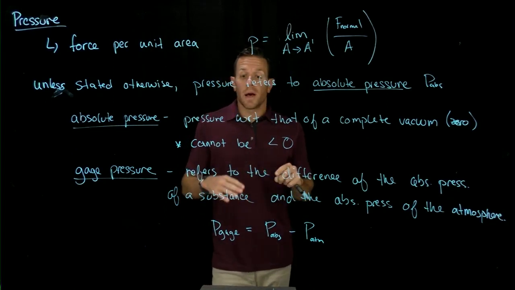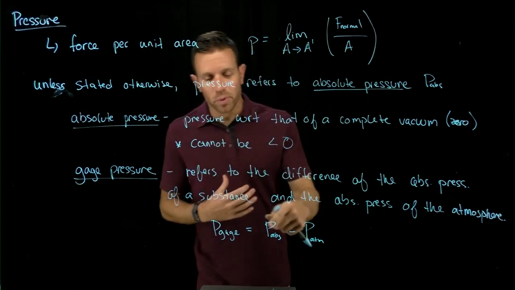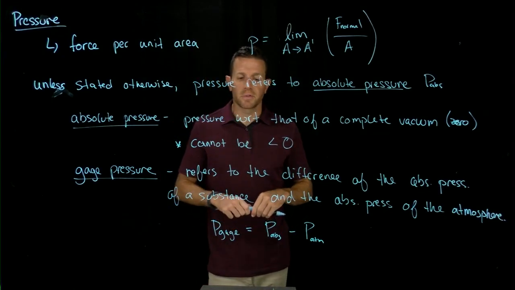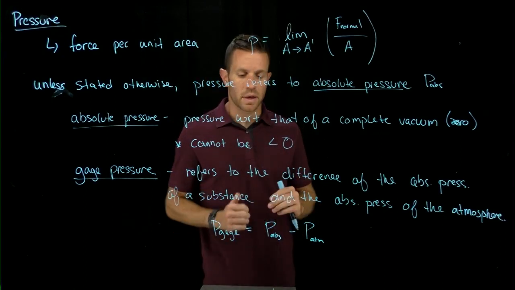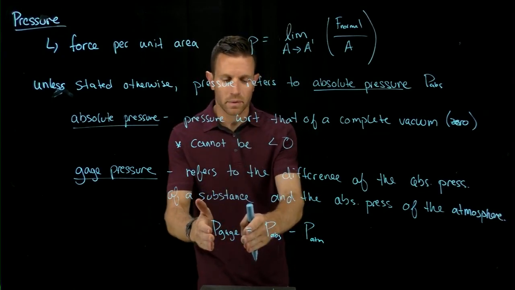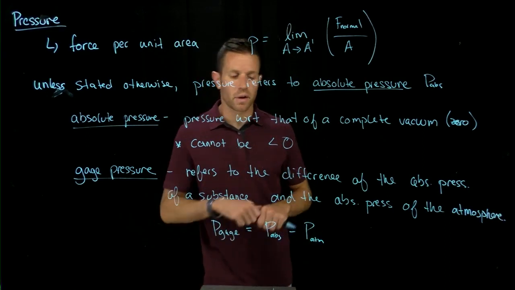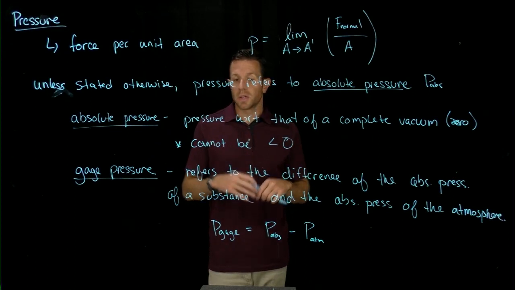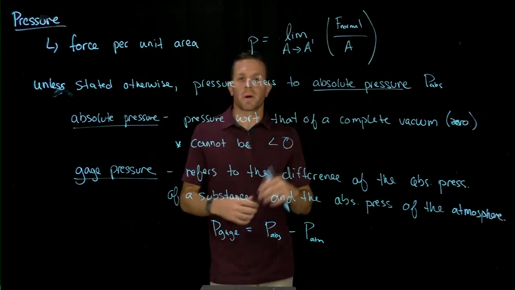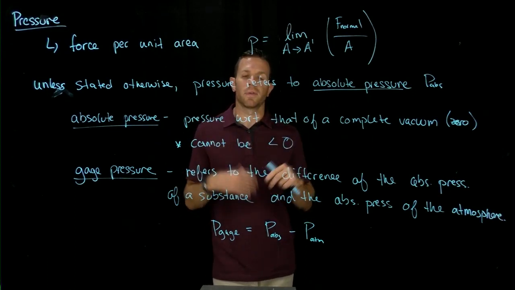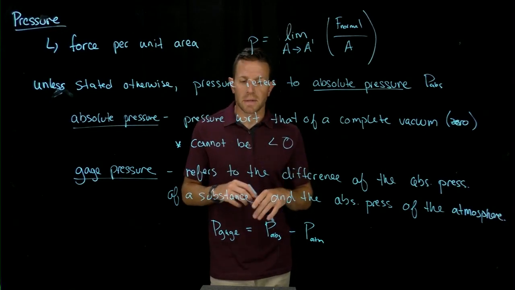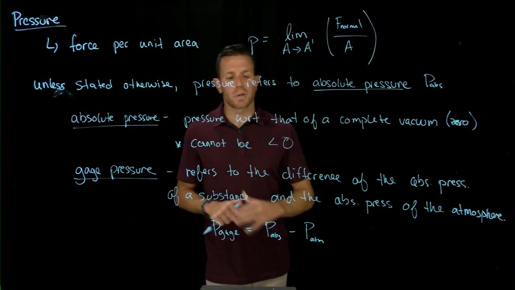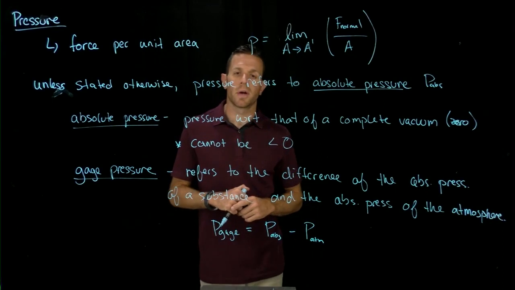So the absolute pressure of a 30 psi filled tire would be 30 psi plus the atmospheric pressure, roughly 45 psi absolute. A zero tire pressure, as we would refer to it in everyday life, means that the pressure inside your tire is the same as the atmosphere.